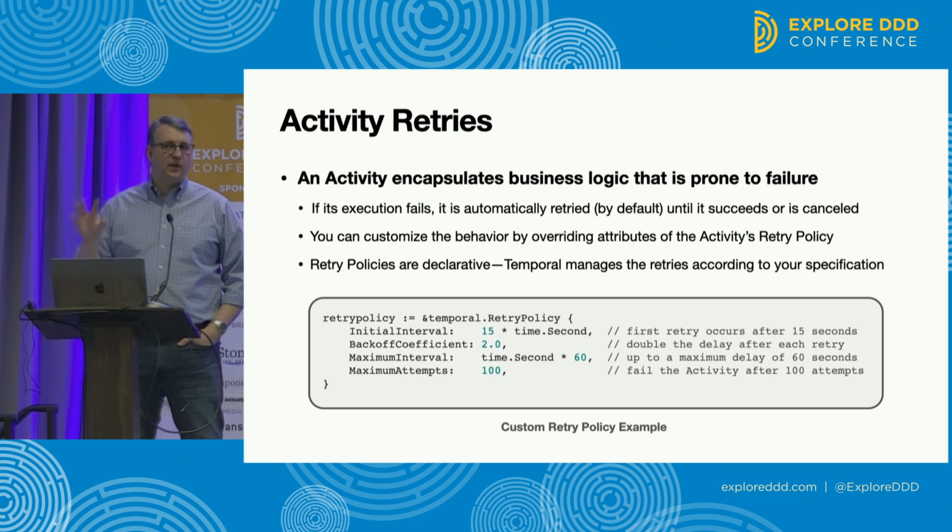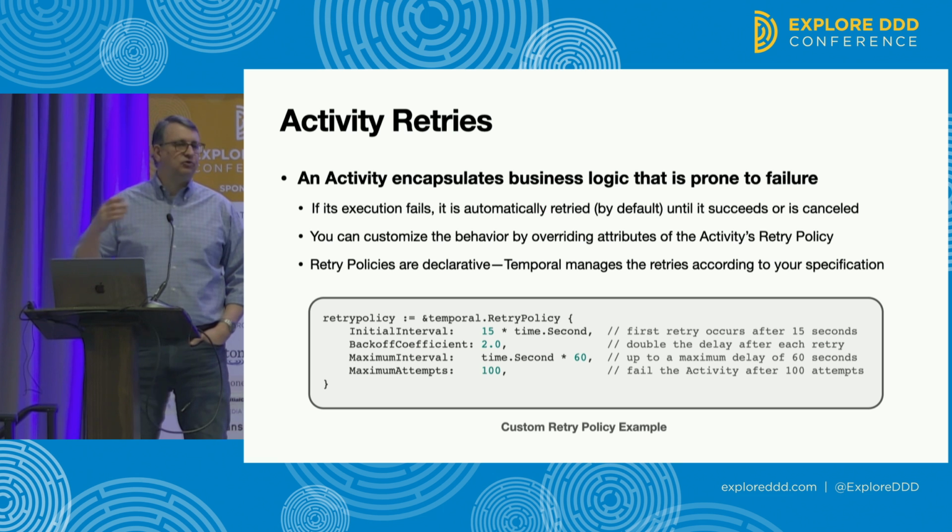The default behavior of an activity execution is try this thing, and if it fails, retry it again. By default, it'll retry after 1 second, and then it'll double it. So 2 seconds, 4, 8, 16, and so on, till it gets to the maximum of 100 seconds. And then it will just keep trying forever until it succeeds or until you cancel it. But you can customize that behavior.